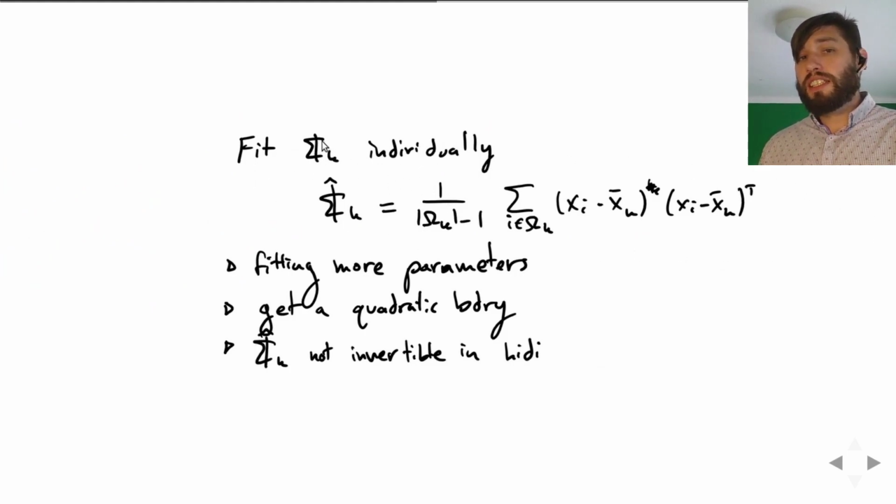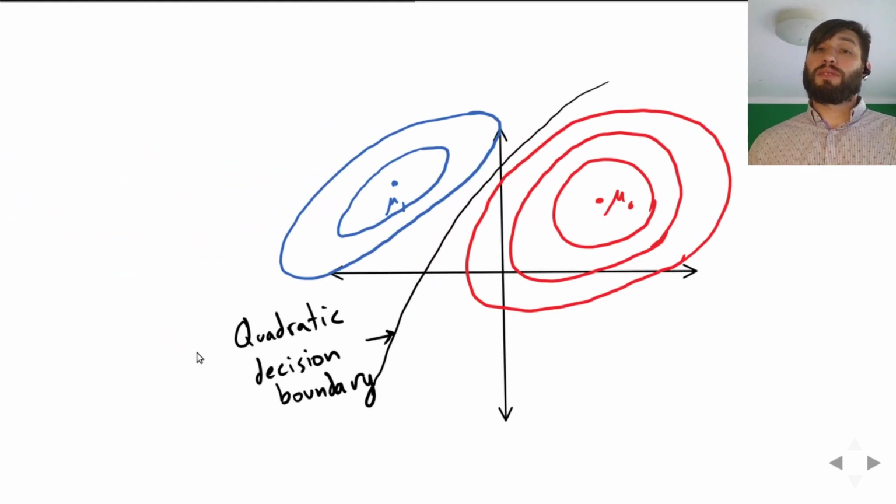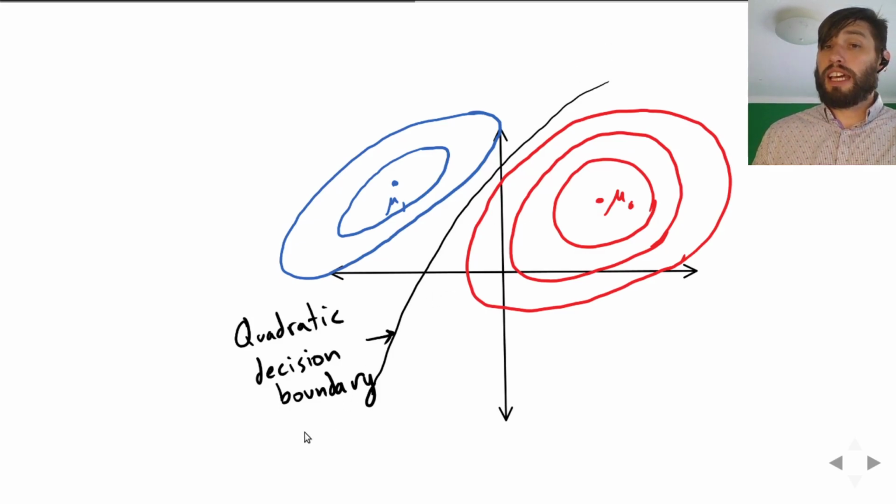The way we fit this sigma k is that we do it individually. Instead of a pooled estimate, we do individual estimates. The nice thing is that this has a higher capacity. It can learn a larger hypothesis class. Before we had just lines, and here lines are included in the possible hypotheses, but in higher generality we also have quadratics.